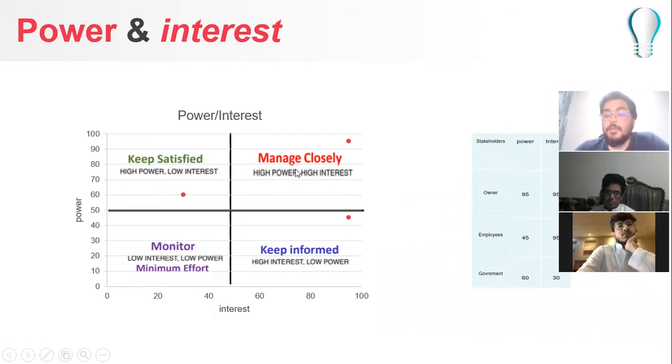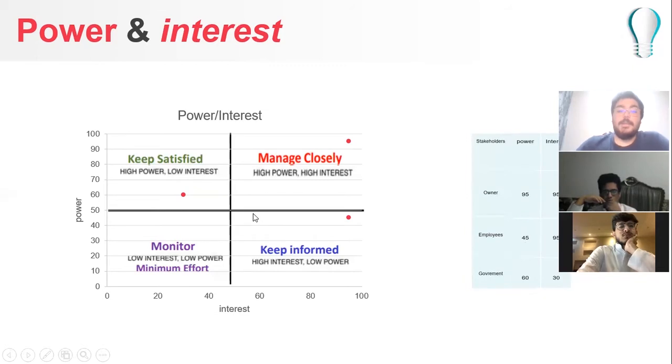So manage him closely, and tell him everything that happens in your project, because, as I said, he has the highest power and highest interest. For the employees, the power was 45 and 95 for the interest. So they are kept informed because they have lower power and high interest.